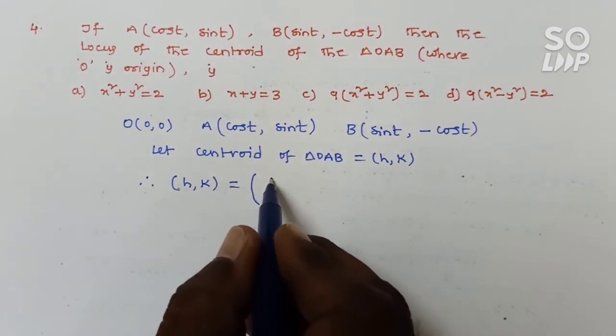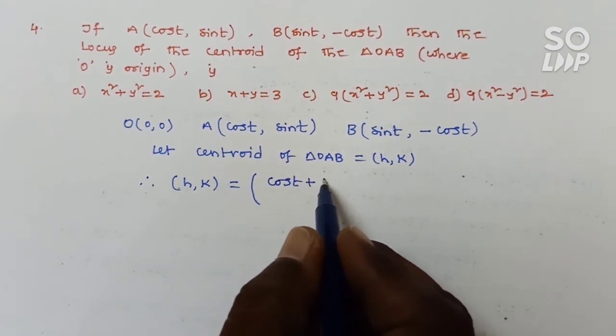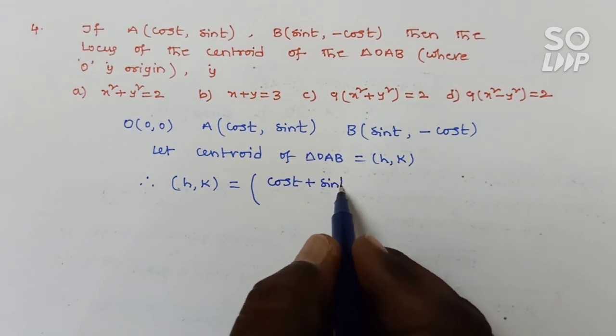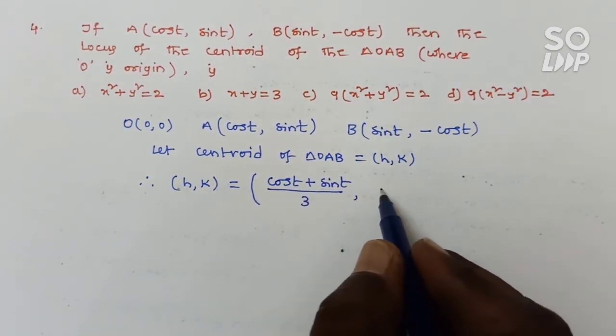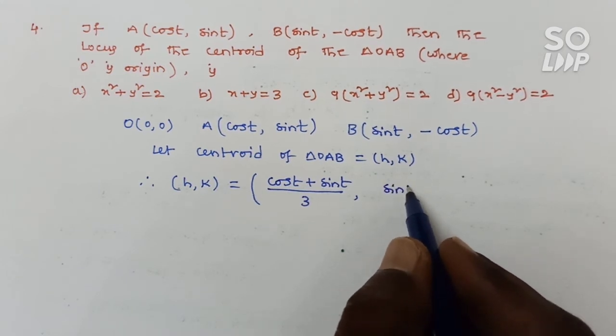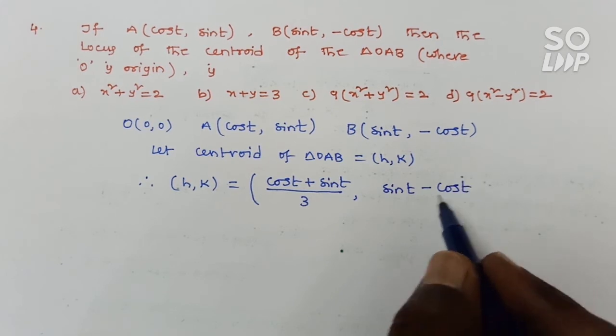That means (cos t plus sin t) divided by 3, comma, (sin t minus cos t) divided by 3.